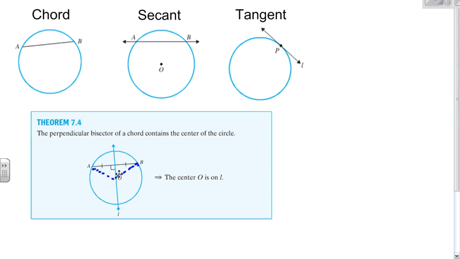If you draw the radii to each point at the end of the chord, we know the radii are congruent. We've got a right angle because it's perpendicular bisector, it cuts it in half. So since it's equidistant, that would be the center, because the end of the circle is equidistant from the center.